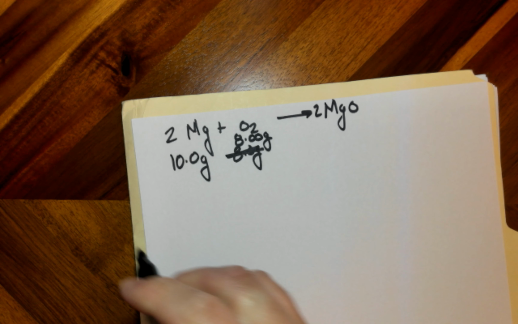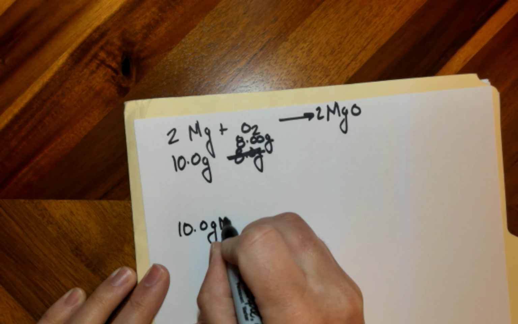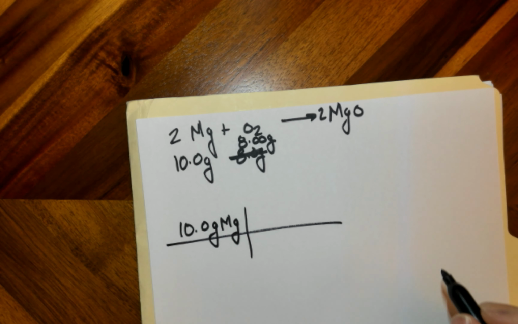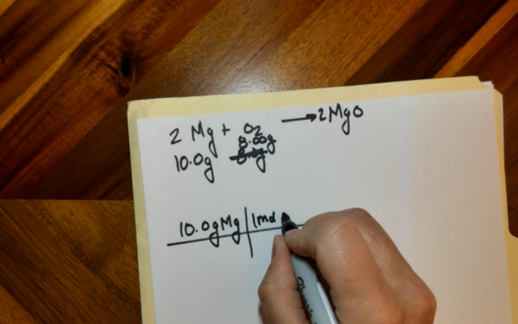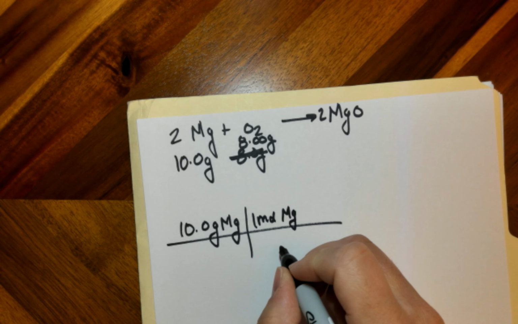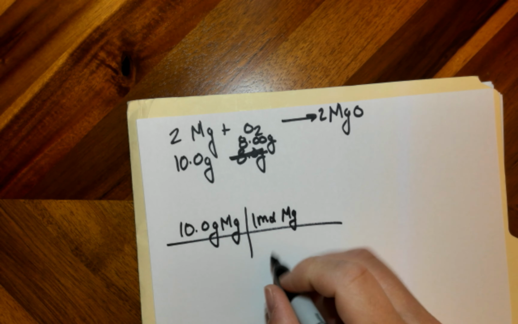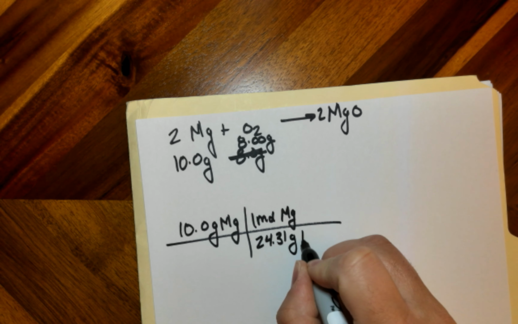So let me start off with magnesium first. 10.0 grams of magnesium. You'll remember we go through this the same way we always do. We're going to convert this to moles. 1 mole of magnesium is, I've got to remember this, 24.31 grams of magnesium.